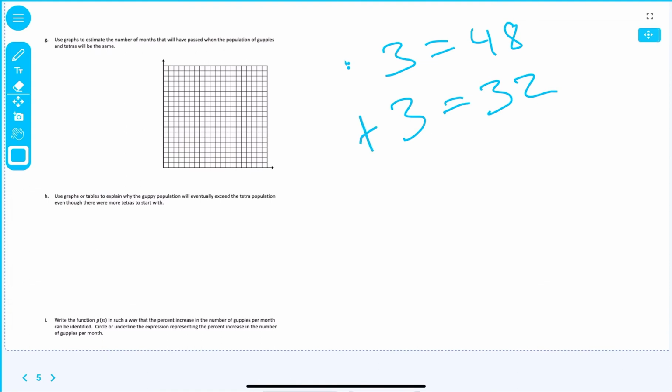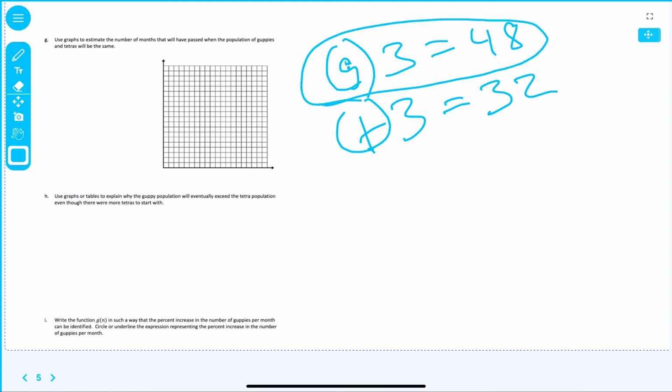For the tetras and guppies, that's going to be when they swap, because remember, the guppies start out slower, so they're going to catch up during the 3rd month.